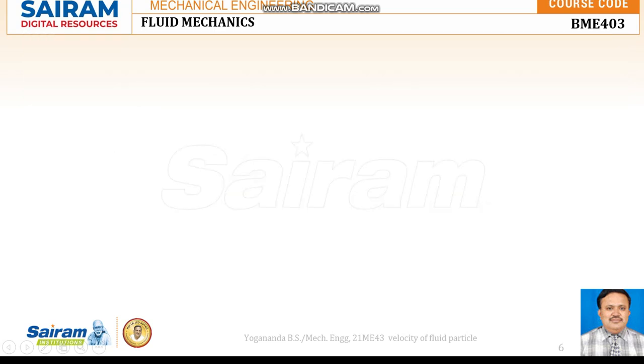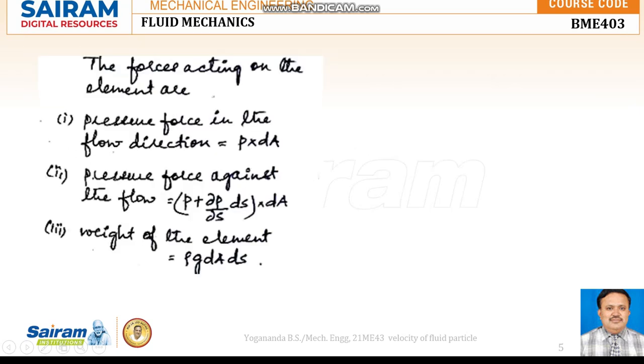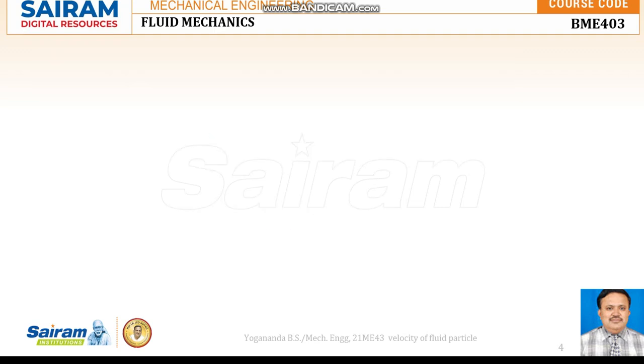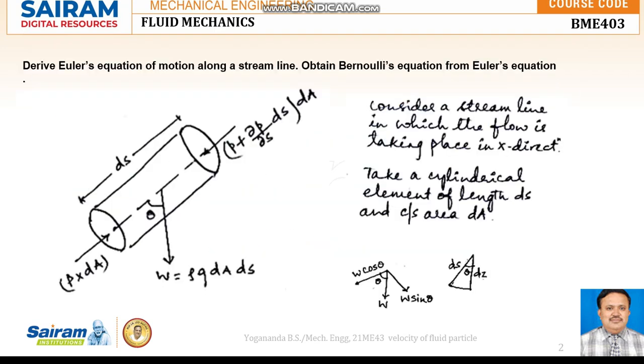Earlier, for weight density, we have taken the weight density as rho into g. Weight is weight density into volume.